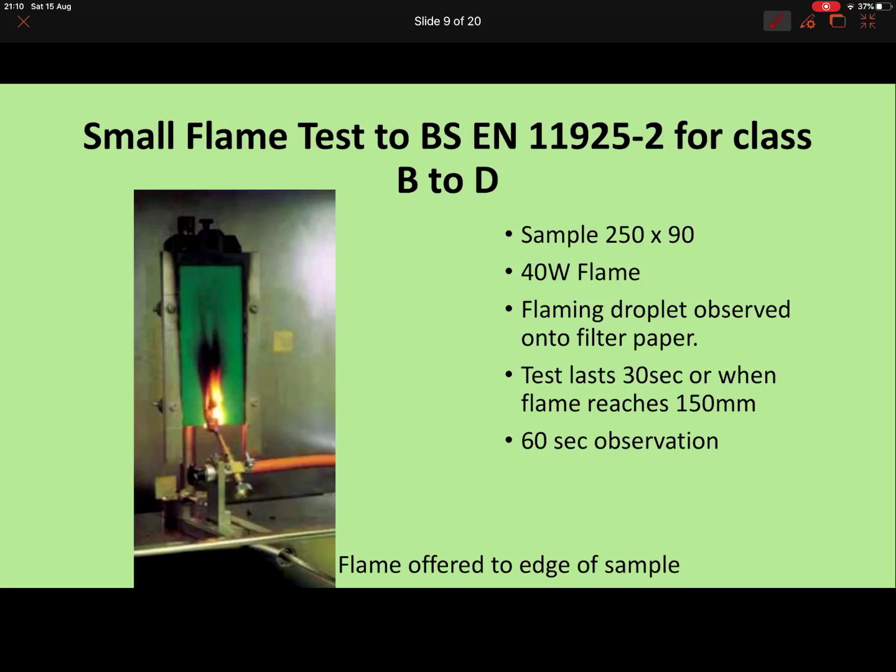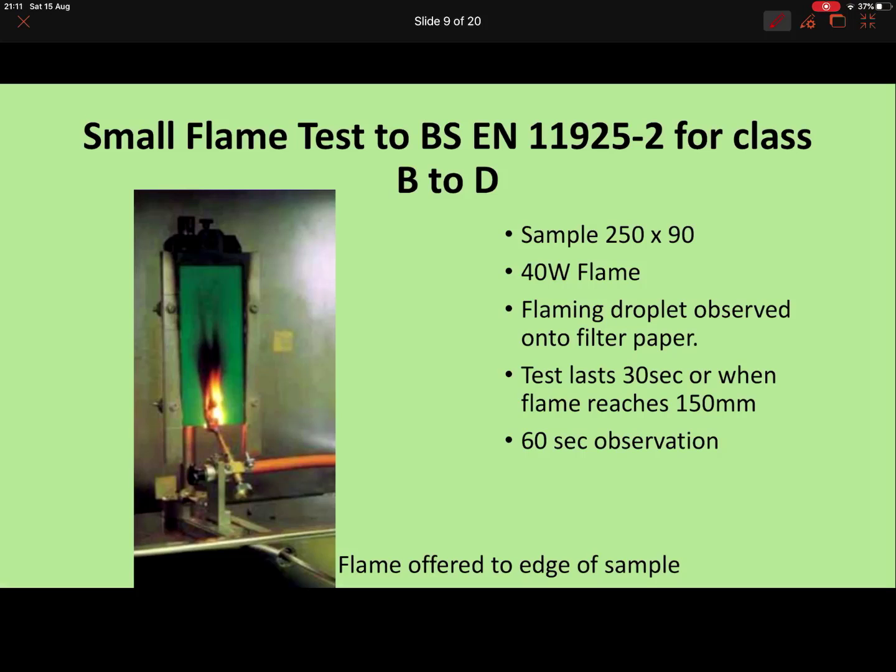So I think the purpose is, well, we don't want anything that's easily ignitable. So we can isolate the building products that are very easily ignitable, and they're the products that are going to be E and F classifications, and they are not acceptable in Approved Document B or any of the supporting guidance.